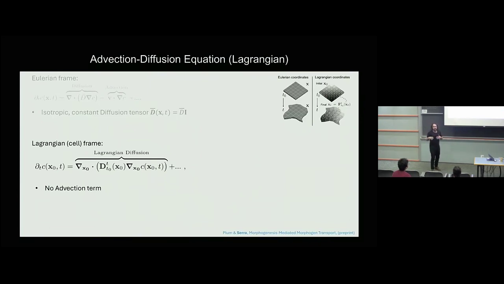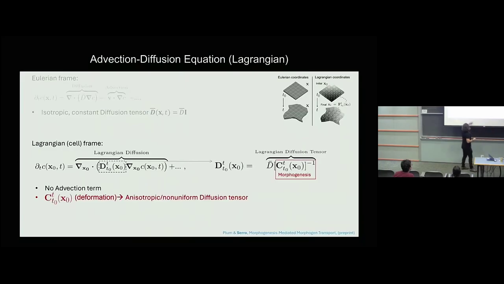It's trivial because the Lagrangian coordinate system is moving with cells, okay? The other interesting observation is that here we started from an Eulerian diffusion tensor, which was isotropic, just D times identity, while in the Lagrangian frame, there is this new diffusion tensor that pops up that is equal basically to the molecular diffusivity times the Cauchy green inverse, okay?